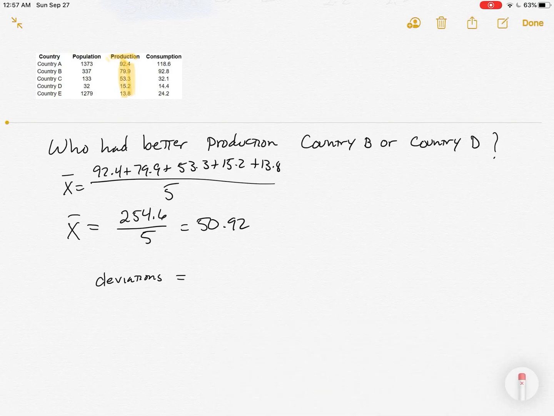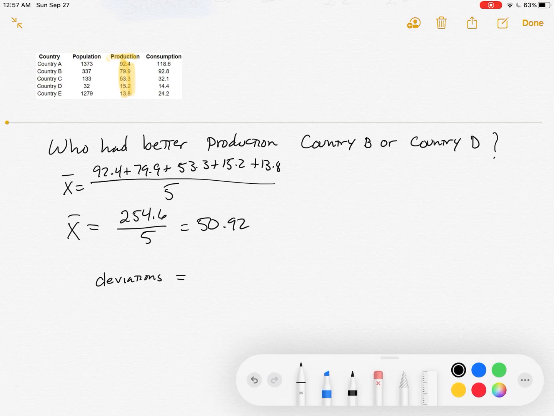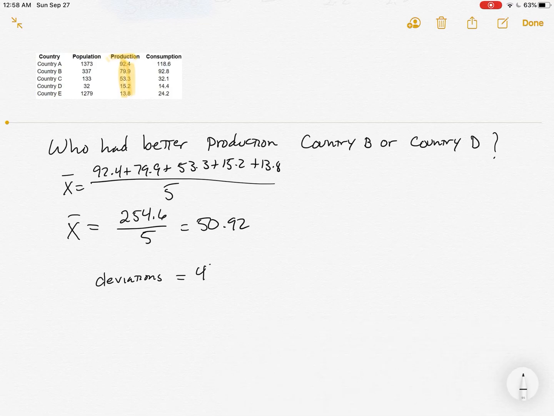So the deviations, I got to take the 92.4 and subtract away the 50.92 and get 41.48. Okay. And then I got to take the 79.9 and subtract away the 50.92 and get 28.88.